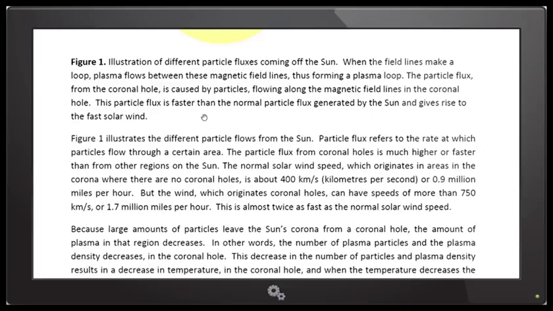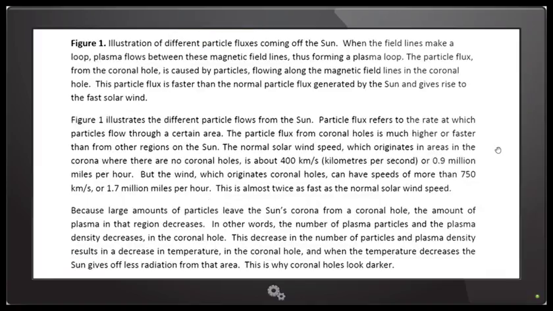This particle flux is faster than the normal particle flux generated by the sun and gives rise to the fast solar wind. Now, ladies and gentlemen, I talk about this solar wind just about every single day now because our planet is being blasted continuously with these solar winds.